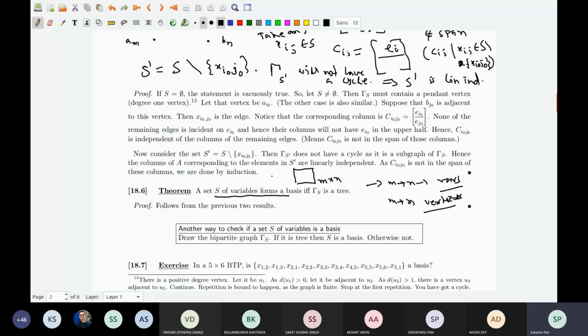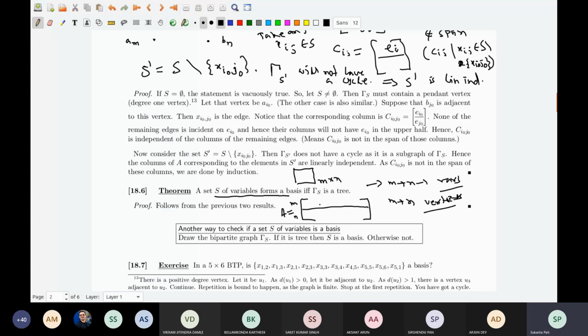So if it is going to be a basis, it will have to have a basis matrix with M plus N minus 1 columns. You remember in the coefficient matrix, the constraint matrix A, there were M rows and then N rows at the bottom. And we said a set of variables is a basis.